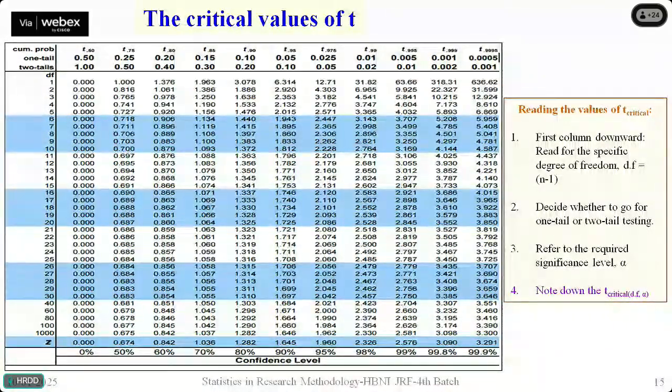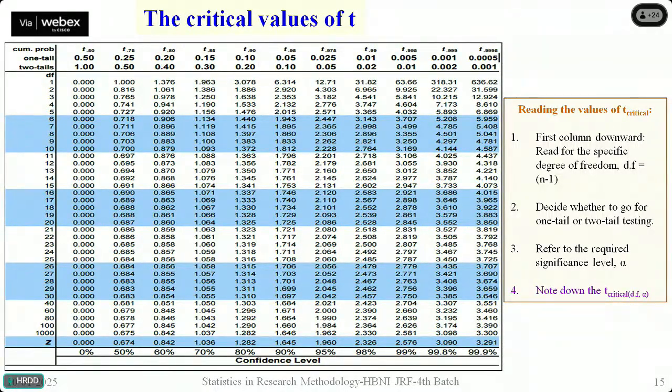Which type of test are we going to apply? Whether we are going to use the null hypothesis as one is greater than the other, that is one case, or one is very much less than the other, in those cases we have to use the one tail. And if you say that the value may be either greater or lower than the other, then we use a two-tail type of distribution.